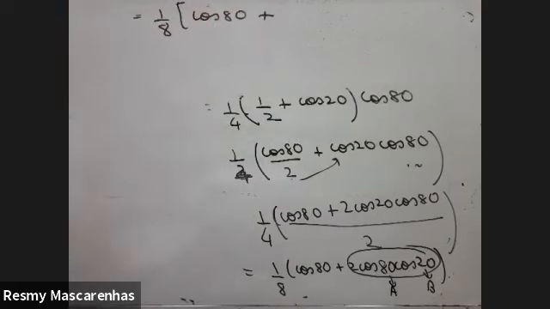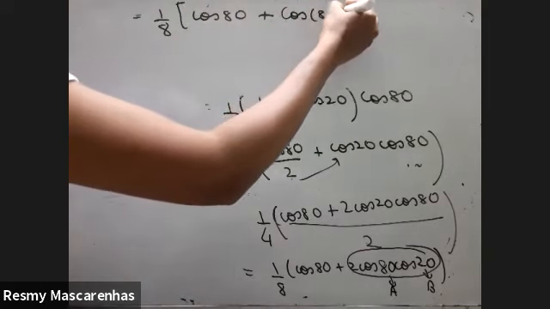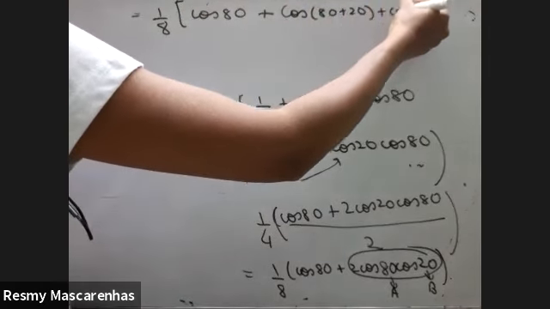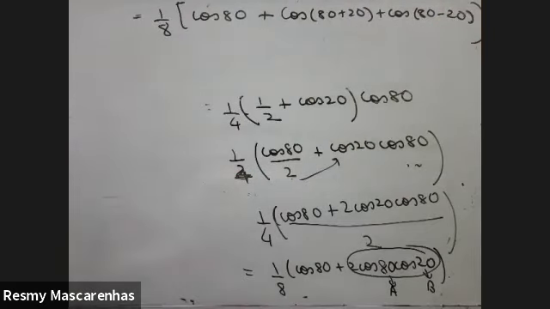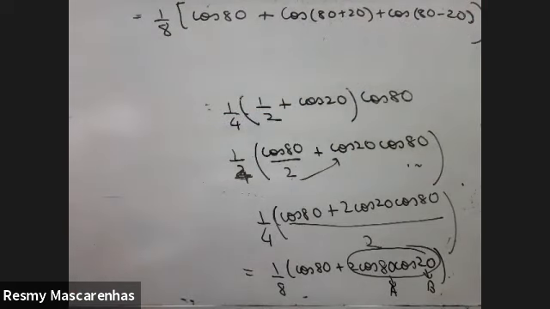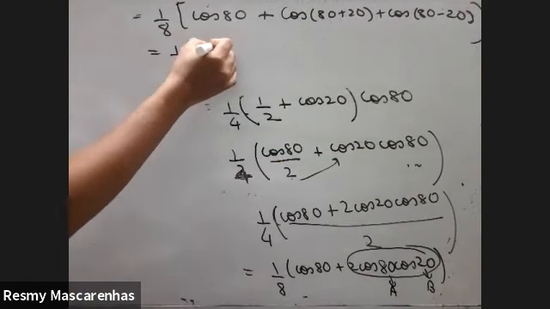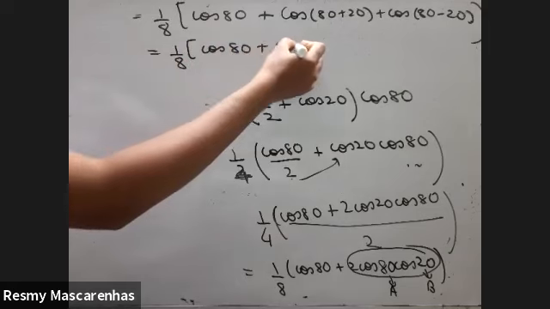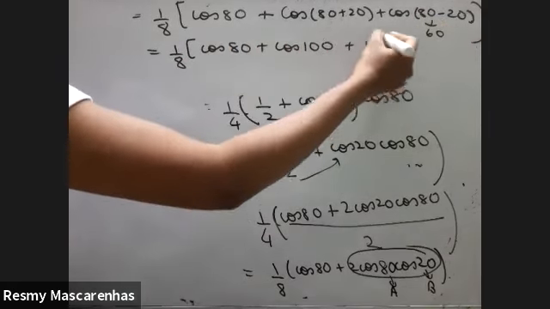Just now we did cos of A plus B plus cos of A minus B. Even if you had done it the other way, minus 60, the answer would still have been positive. Cos 60 will be half.